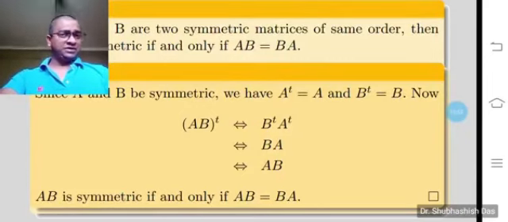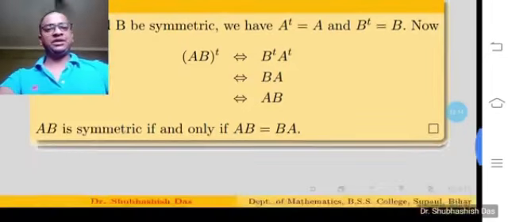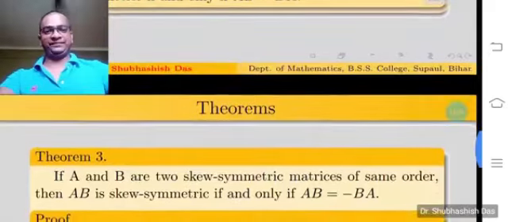Since A and B are both symmetric, B transpose is replaced by B, A transpose is replaced by A. This implies and is implied by AB. Why? AB is equal to BA, the condition was given. Hence, AB is symmetric if and only if AB is equal to BA.